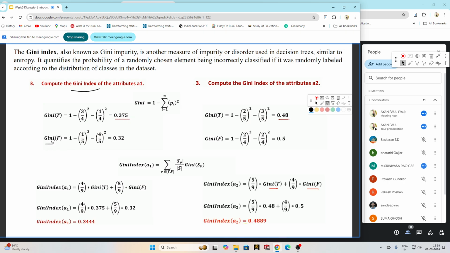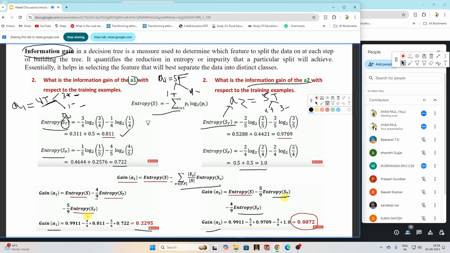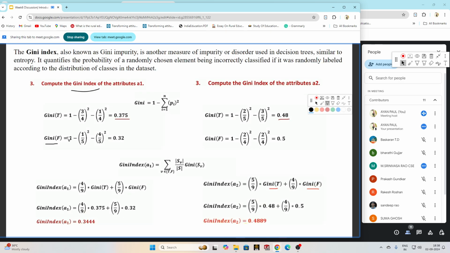And the Gini index with respect to the false example. If we talk about A1, we have 5 false examples, and out of those 5, only one is giving a positive prediction; the other 4 are giving negative predictions. So how will we write it? 1 minus (1/5) squared, because 1 is giving positive, minus (4/5) squared, because 4 are giving negative, and that will be equal to 0.32.